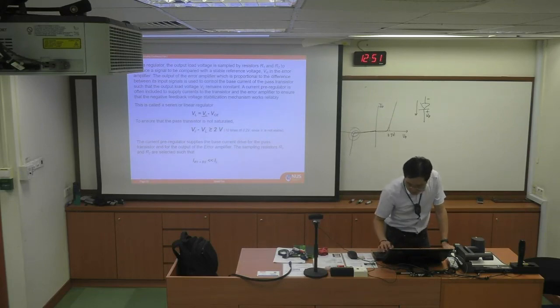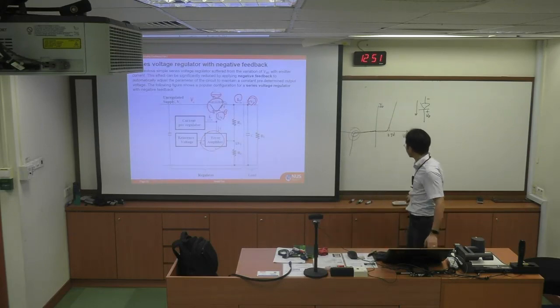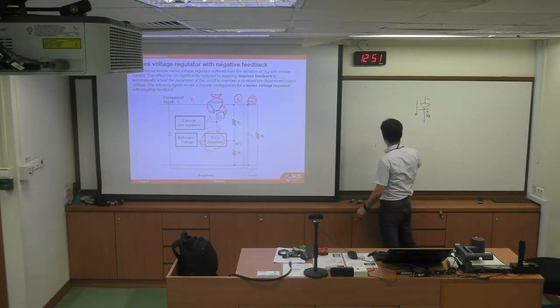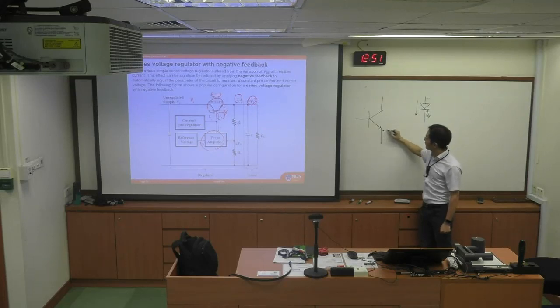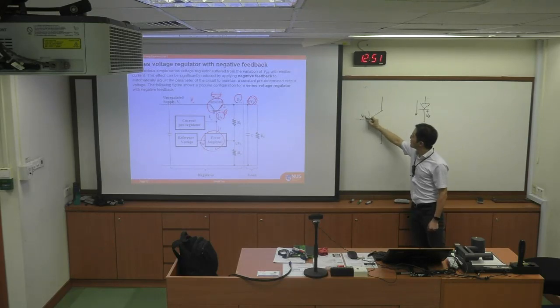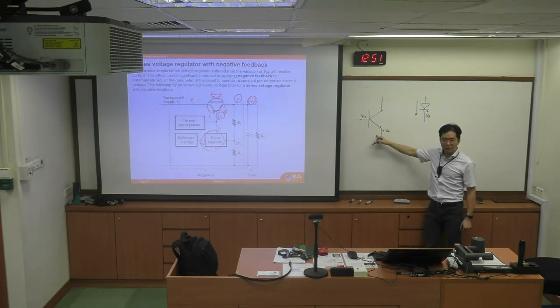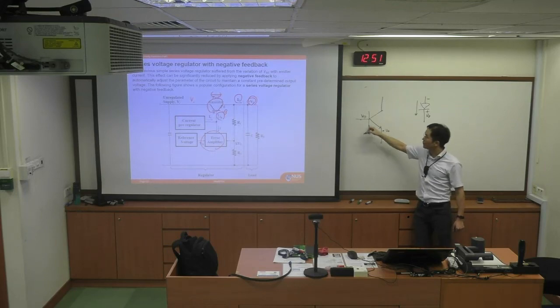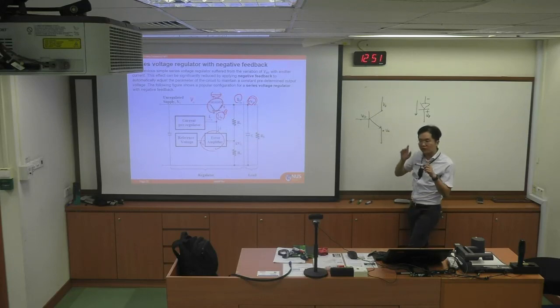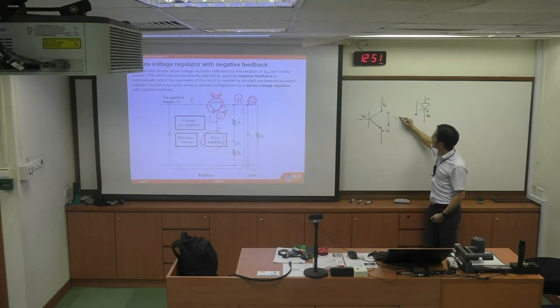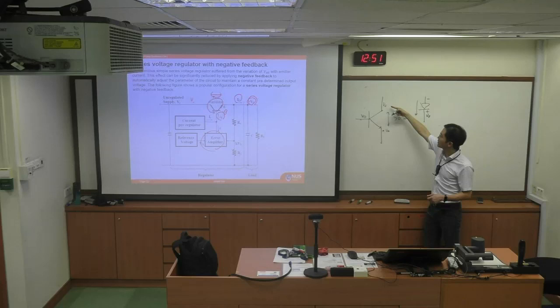To ensure the pass transistor is not saturated, remember we learned this last week: for this transistor to remain in forward active, VBE has to be 0.7 for the nominal BJT, for a power BJT around 0.6. The base has to be higher than the emitter, and the collector higher than the base to stay in the full linear region without saturation. The bare minimum you have to guarantee was at least 0.2 volt across the collector to emitter.